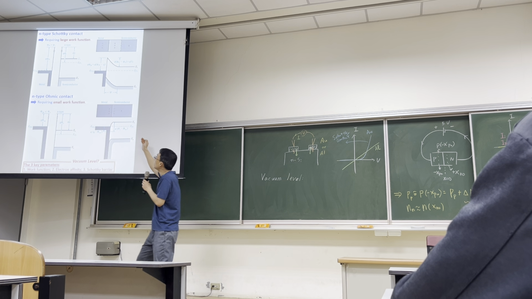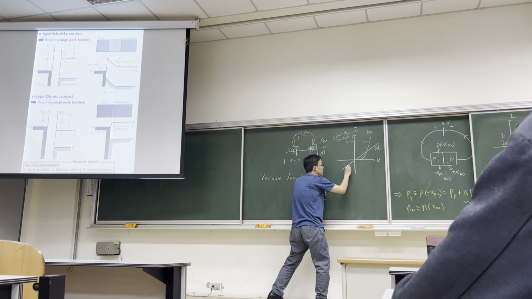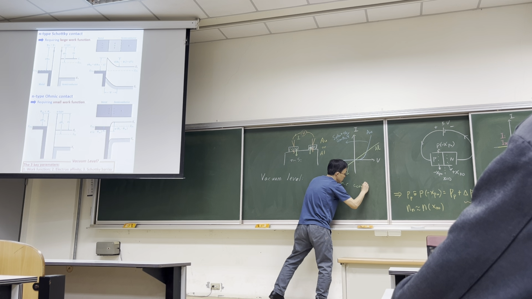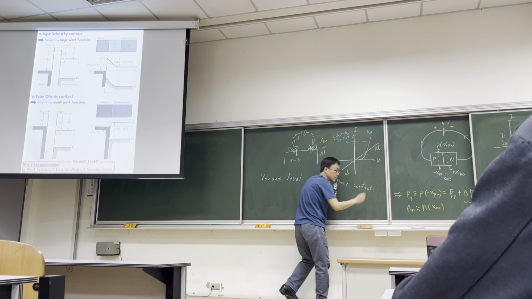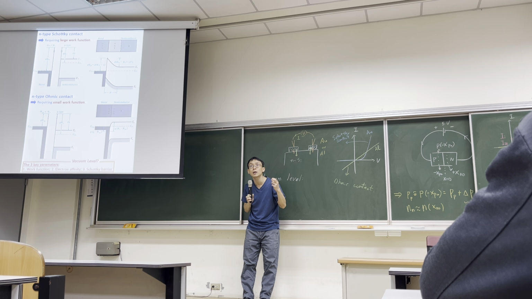But if you make the bending going down, you can easily make this green line, which is the ohmic contact. That's why work function makes a big difference. Right?